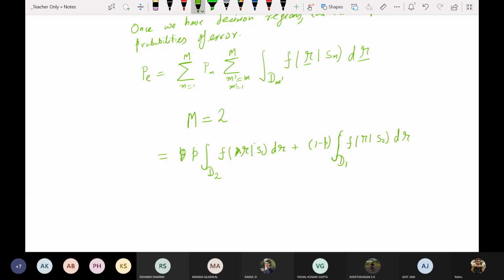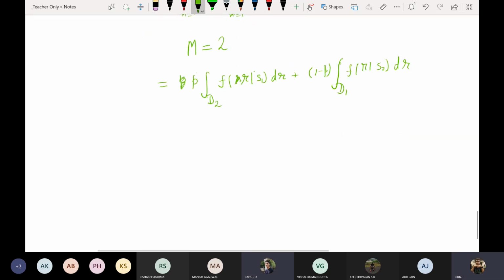So let's first evaluate this. D1 is lambda to infinity. Sorry, D2 is minus infinity to lambda, right?